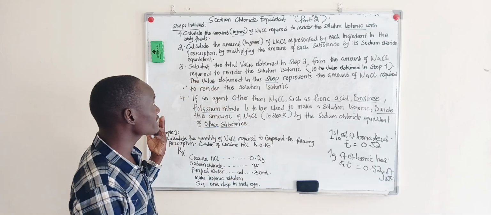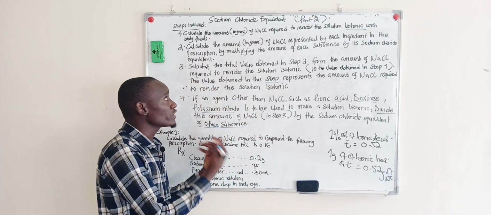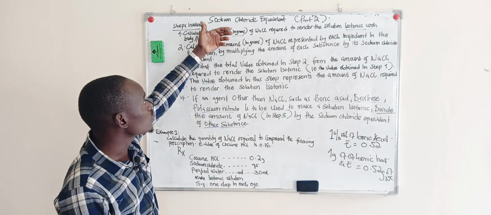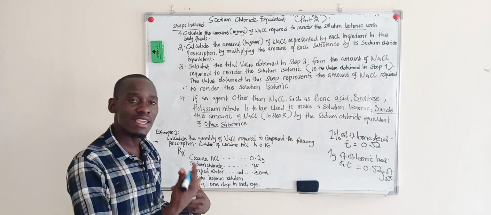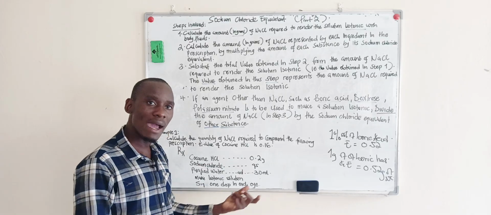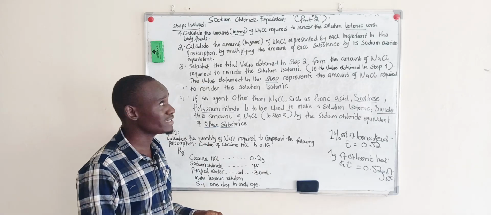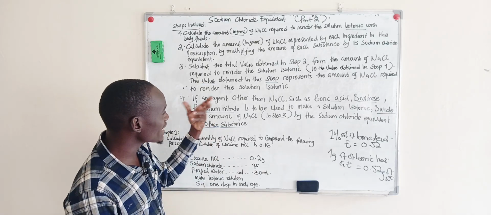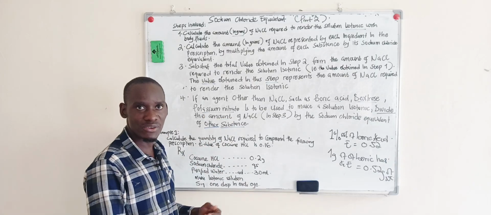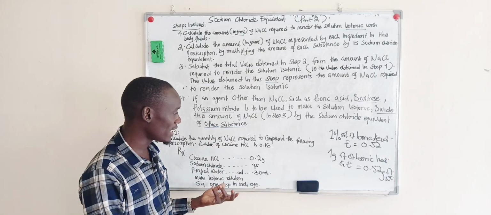So in our last part, we saw how we can adjust solutions to isotonicity using sodium chloride equivalent. But in that case, we were dealing with 1 ingredient. So we want also to look at the case where we have more than 1 ingredient in the formula.